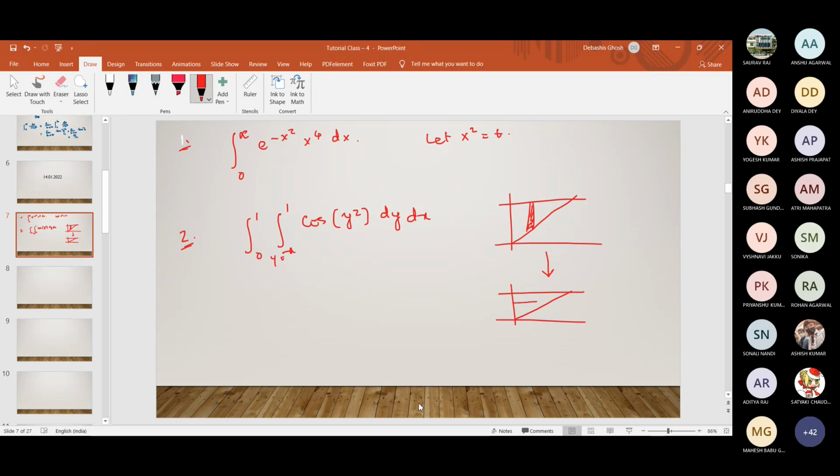So we are taking this from x equals to 0 to x equals to y, and ranging from y equals to 0 to 1.